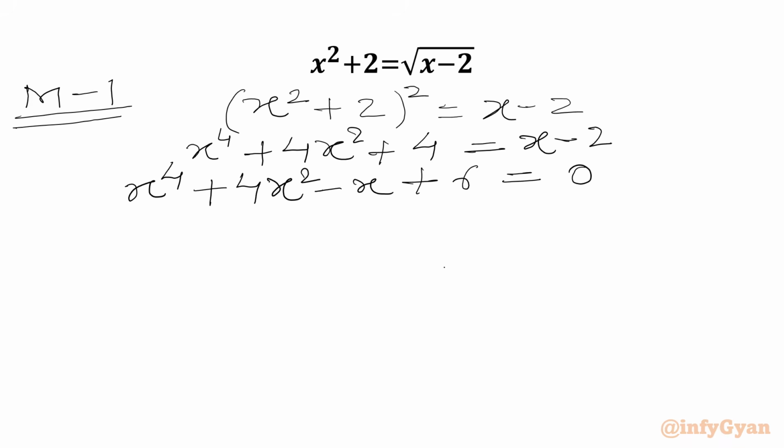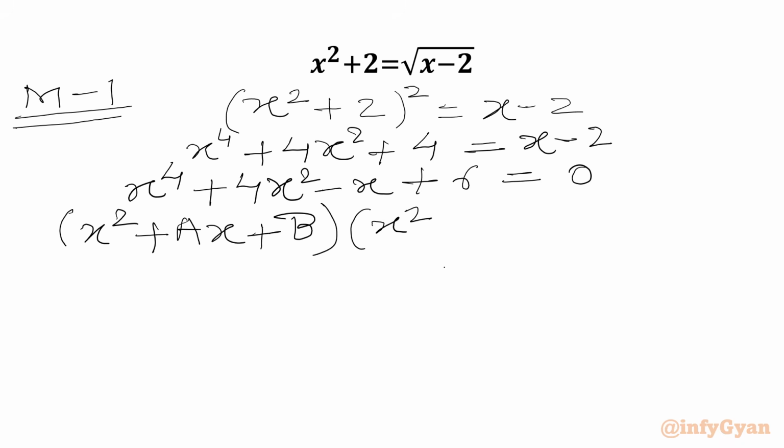Now in the LHS we have one quartic expression which we are going to write in the form of (x square plus ax plus b), the product of two quadratics. In the second bracket we'll write (x square minus ax plus c) equal to 0.